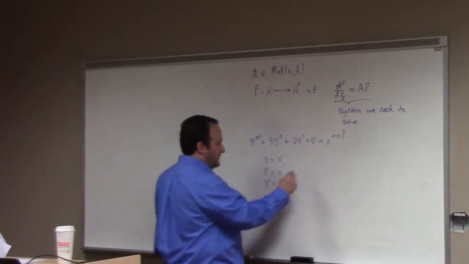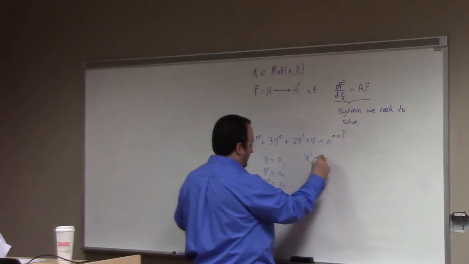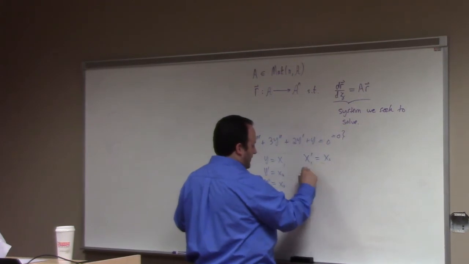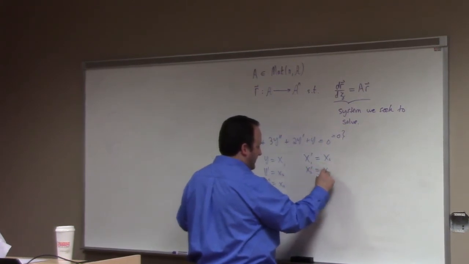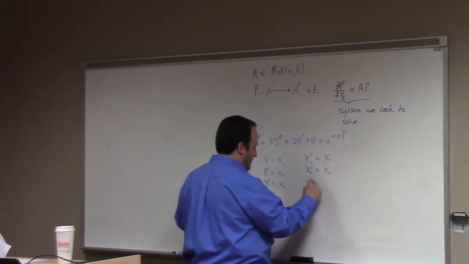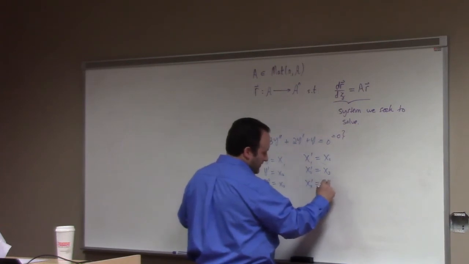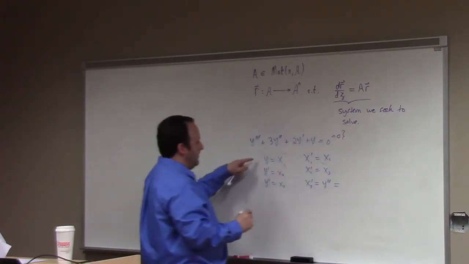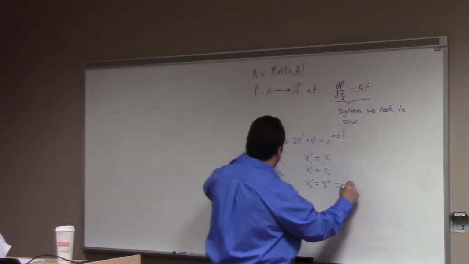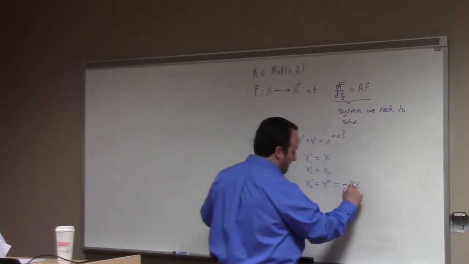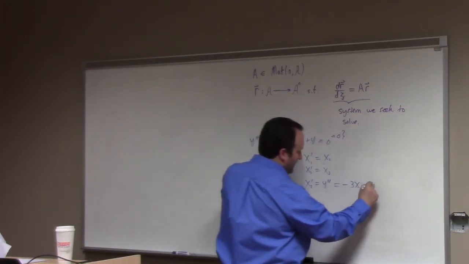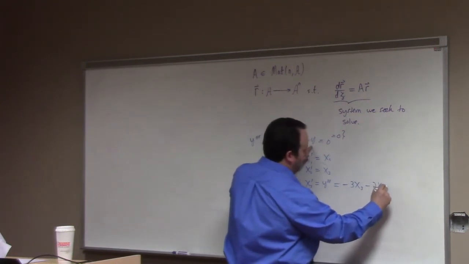That ought to do it. So x1' is x2, x2' is x3, and x3' is where the fun is, which is y''', but y''' is minus 3y'', which is x3, minus 2x2, minus x1.